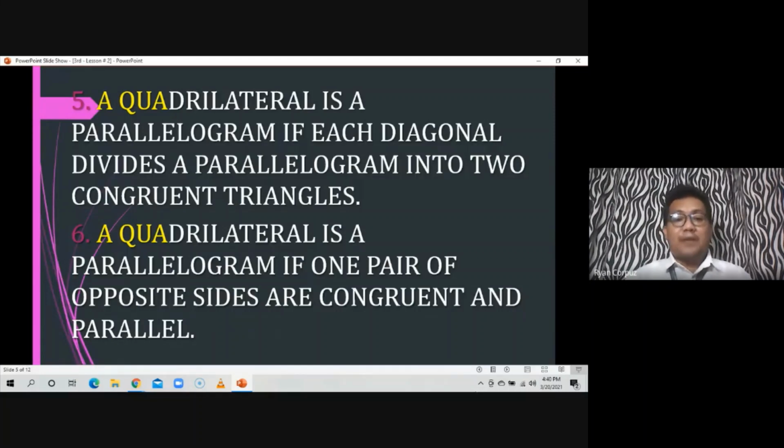So meron siyang two pairs of opposite sides which are congruent in measure and parallel. So meron siyang one pair of opposite sides which are congruent and parallel. So ayun yung different conditions that will guarantee us that the given quadrilateral is a parallelogram.